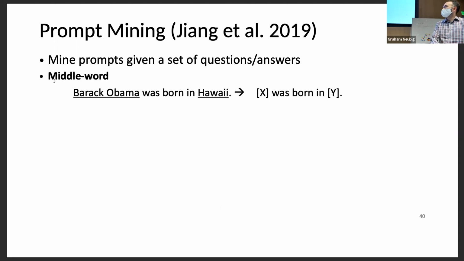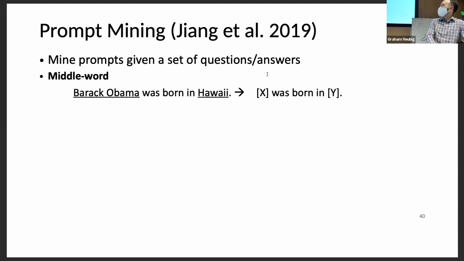So for example, let's say we want to extract prompts for the was born in relation, or birthplace relation. And we have a set of entities along with their birthplaces. If we have something like this, we could then crawl a huge corpus for all sentences that contained one of these pairs, like Barack Obama, Hawaii, or whatever famous person and where they were born.